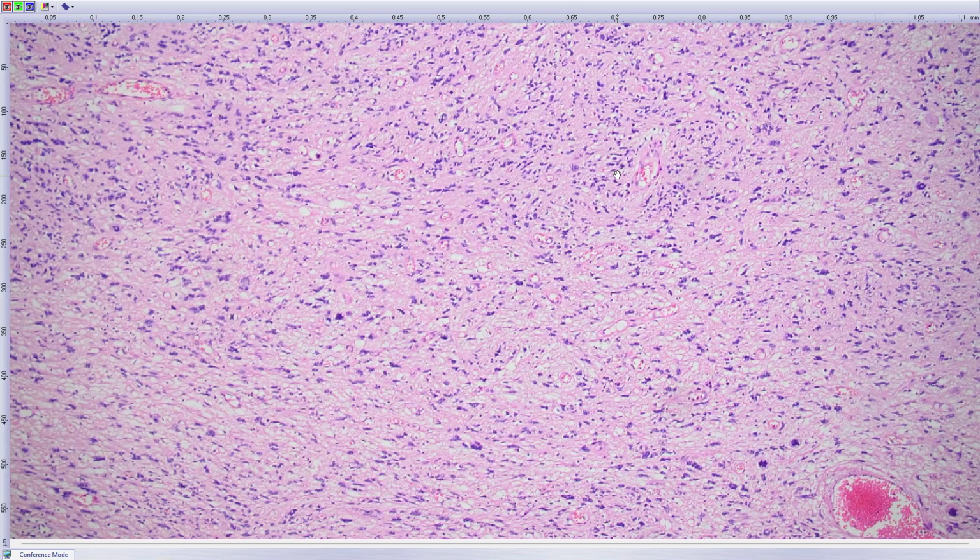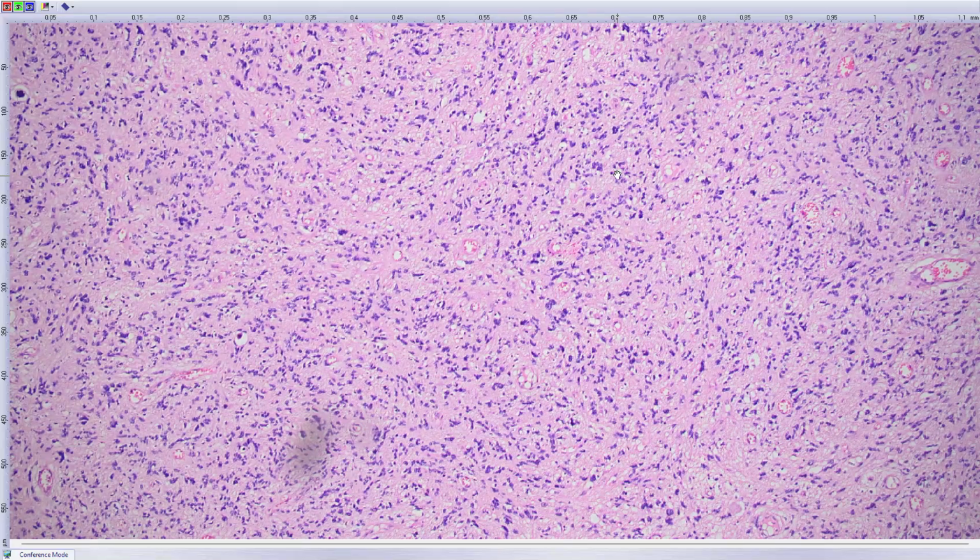When I have this lesion, I will show you something from the same pathology. Tumor of the vulva, looking like that.